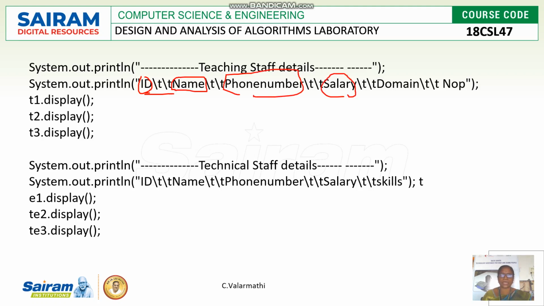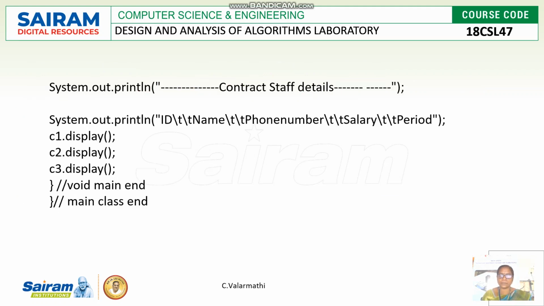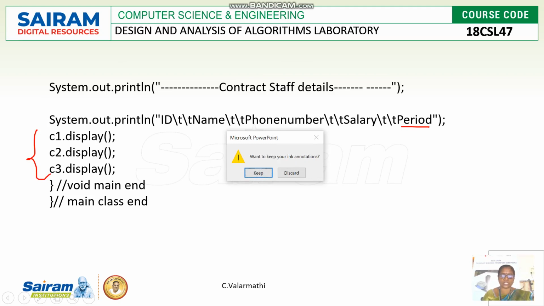These are the four common parameters. Then domain and number of publications for the teaching class. Then similarly, skills is added for the technical staff. Then period is added for the contract staff. I hope this is understandable. We will move on to its implementation.